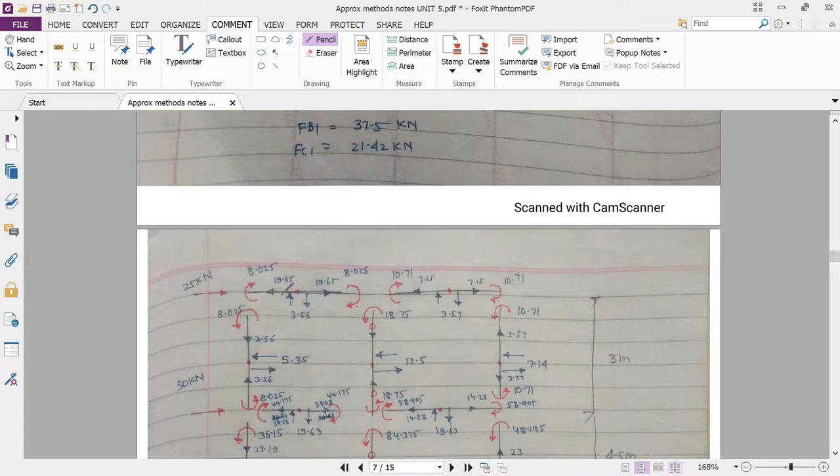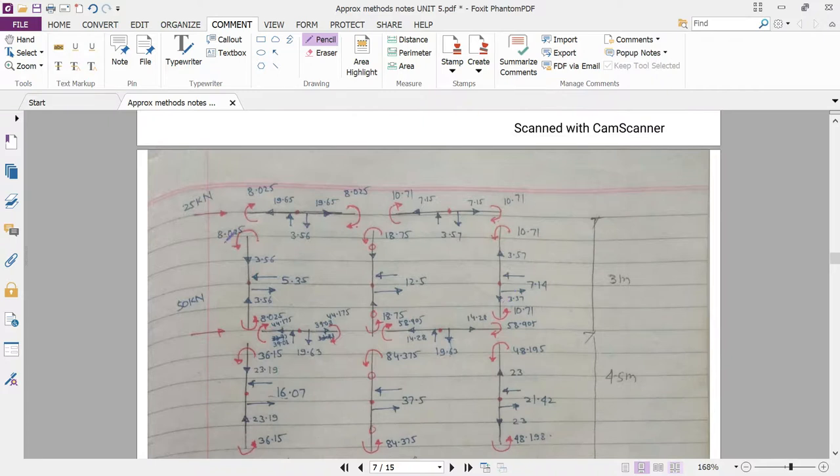So once you get the top portion, if you see, the summation will be 0 here, 0 here, 0 here. Now 25 kilonewton is there, so 25 minus 5.35, the answer is 19.65, so you have to write it here. Then 19.65 minus 12.5, you will get the answer 7.15, that is 7.15 like this.